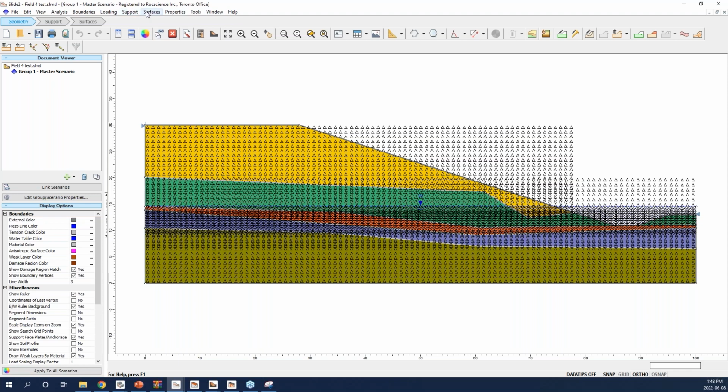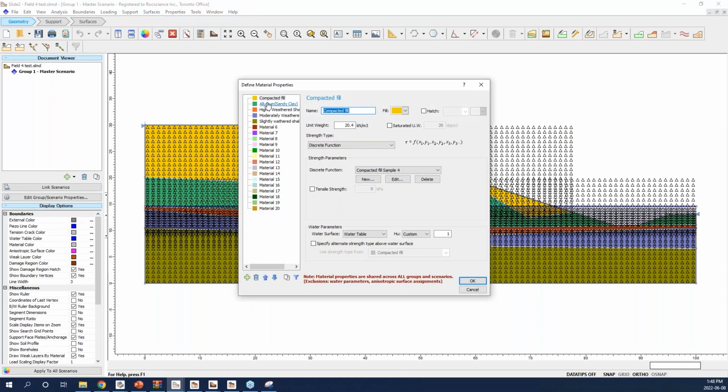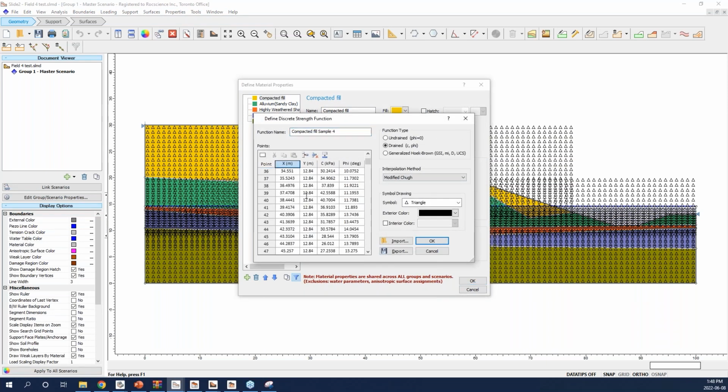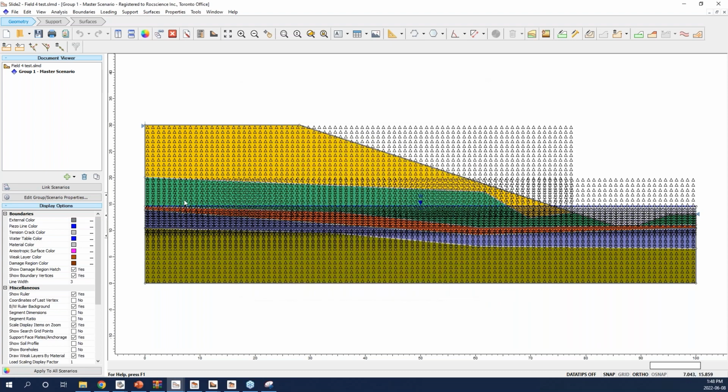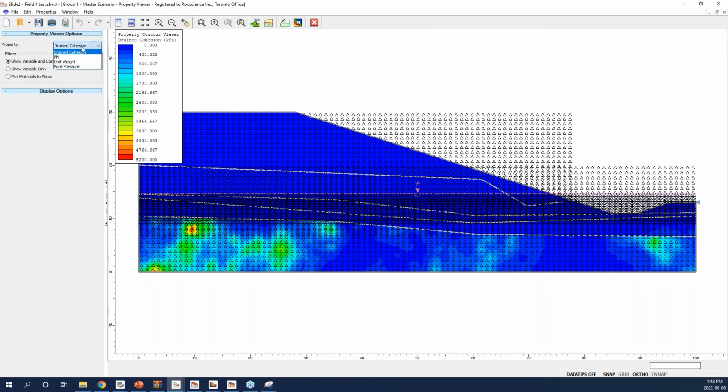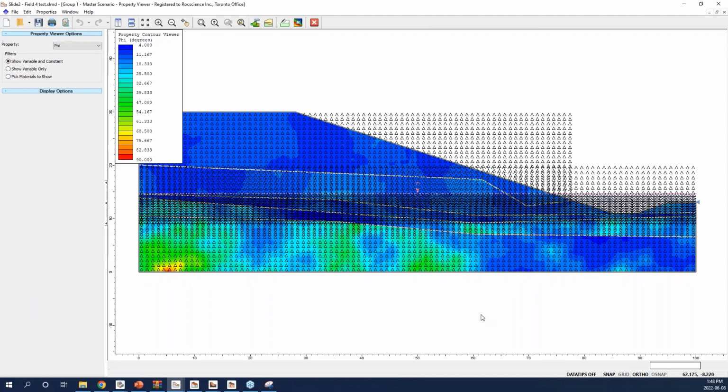You just go to properties, define material, and define discrete function, go to edit. And these are coming from our spatial field for field number 4. And if you look at the property viewer, it's equivalent to what we had in the spatial option.